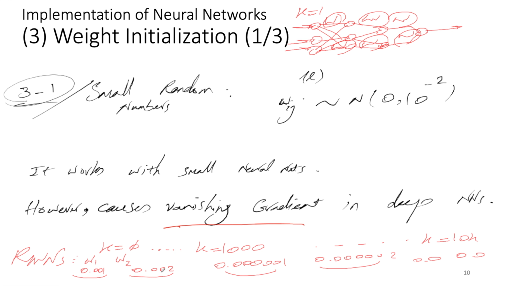Your gradients, every time you calculate the loss function, are going to be like 10 to the power of minus 25 maybe, right? And after a certain while, you're stuck somewhere and you can't go anywhere else. So this is known as vanishing gradients. Initializing small random numbers might yield this problem.